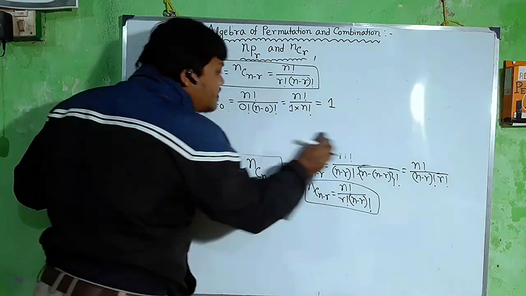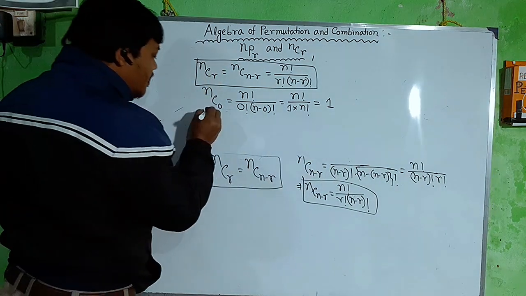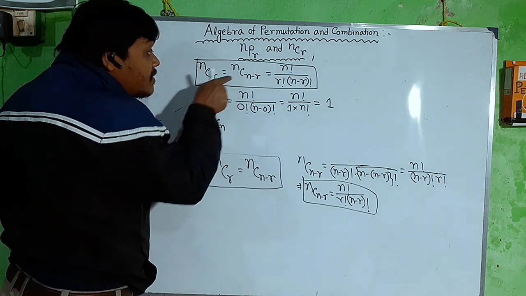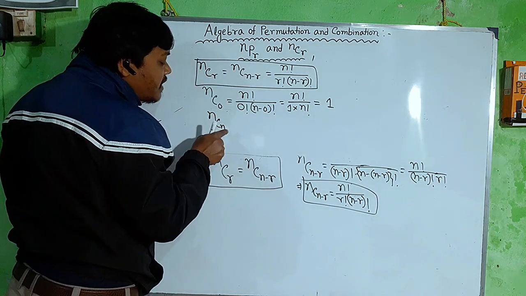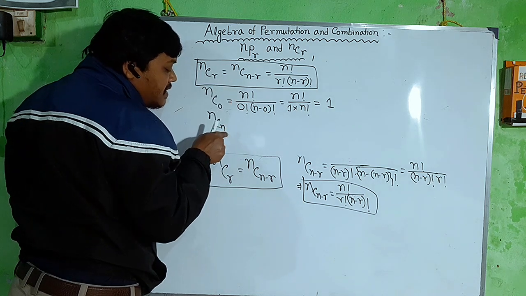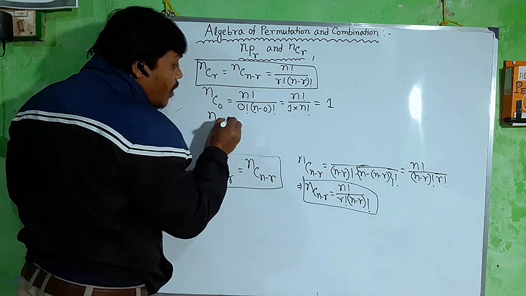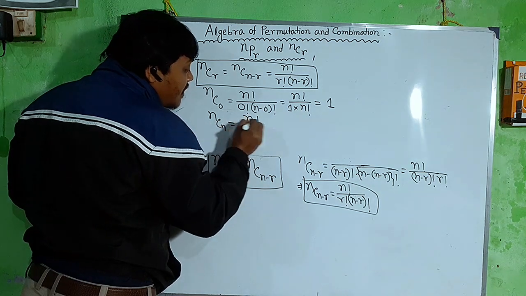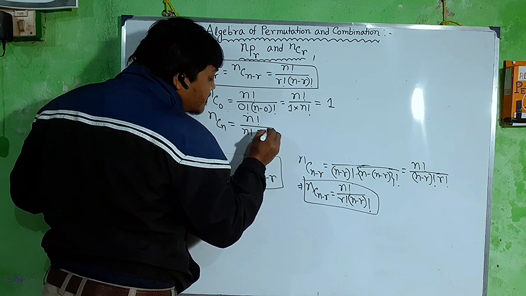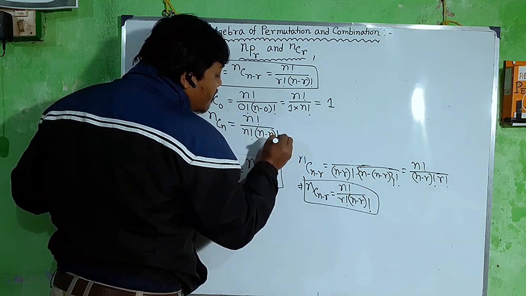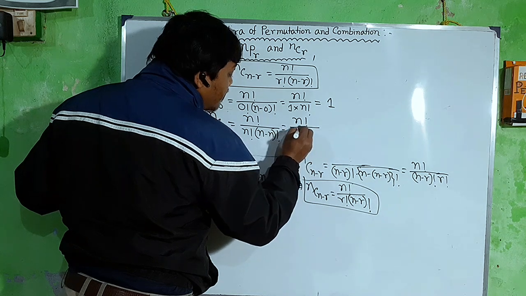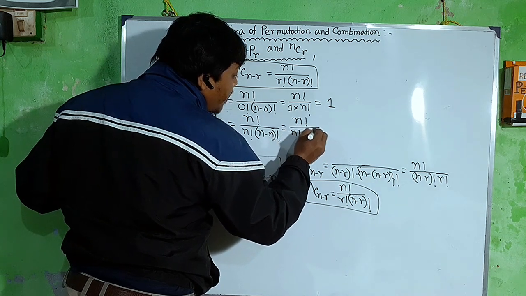So what about nCn? You can write nCn as, using this result, nC(n minus 0), that is nCn, which also gives 1. So n factorial by n factorial into (n minus n) factorial gives n factorial by n factorial into 0 factorial.